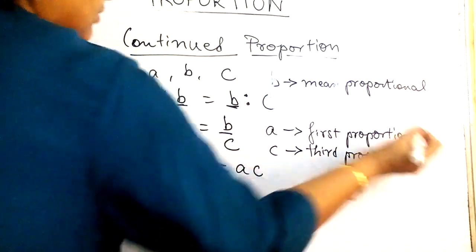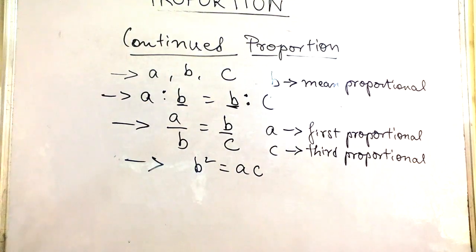Sometimes they just say the third proportional value is this much. So C is the third proportional.